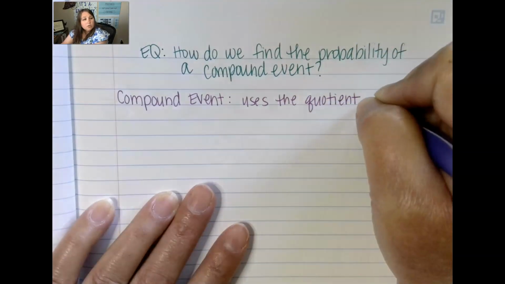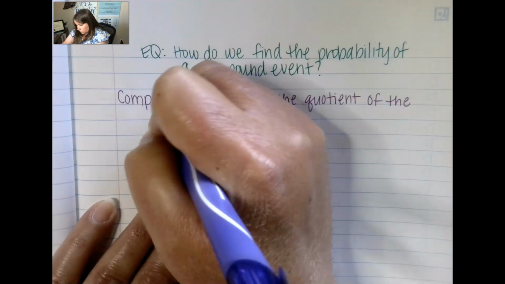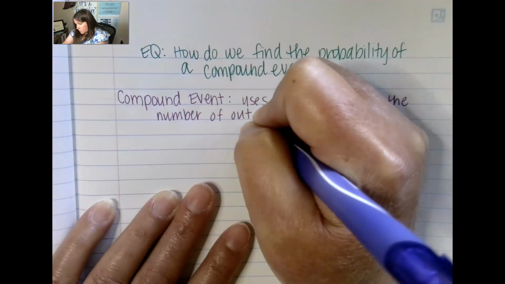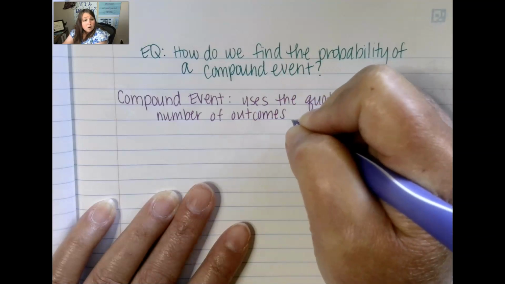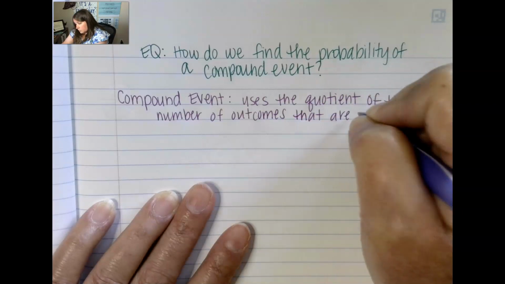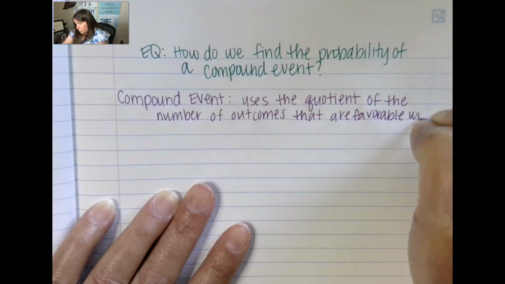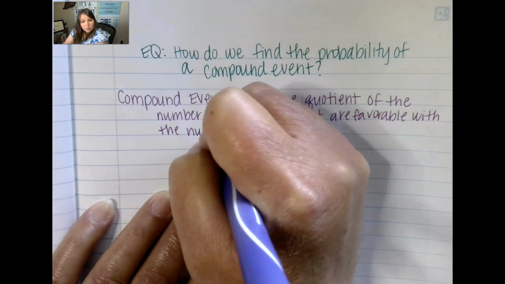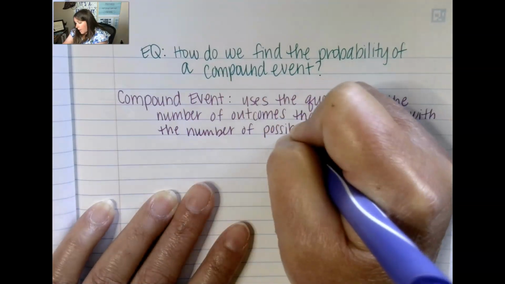It uses the quotient of the number of outcomes that are favorable with the number of possible outcomes.